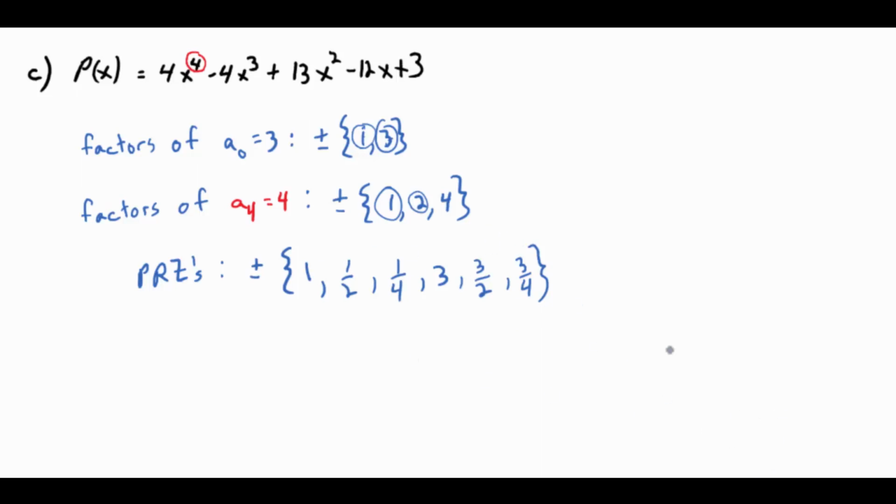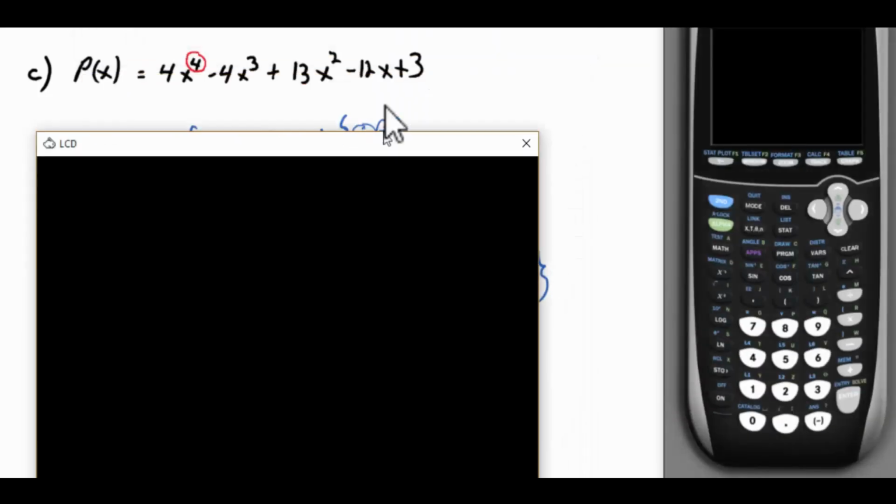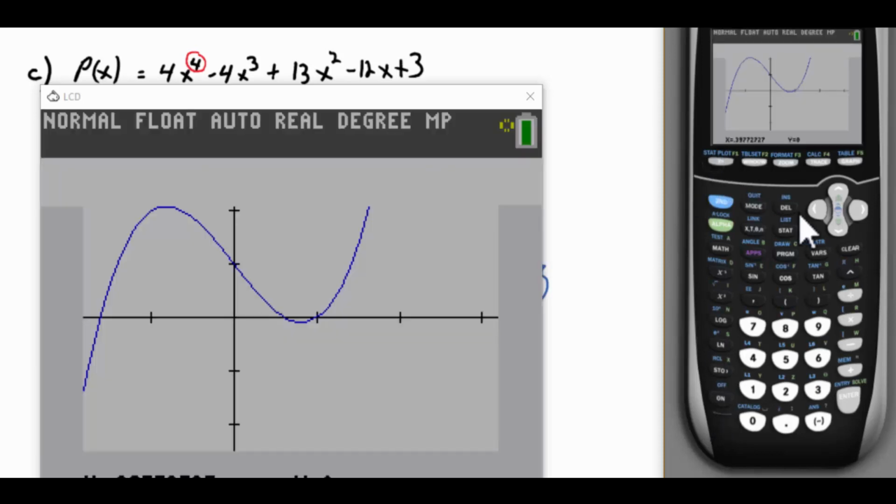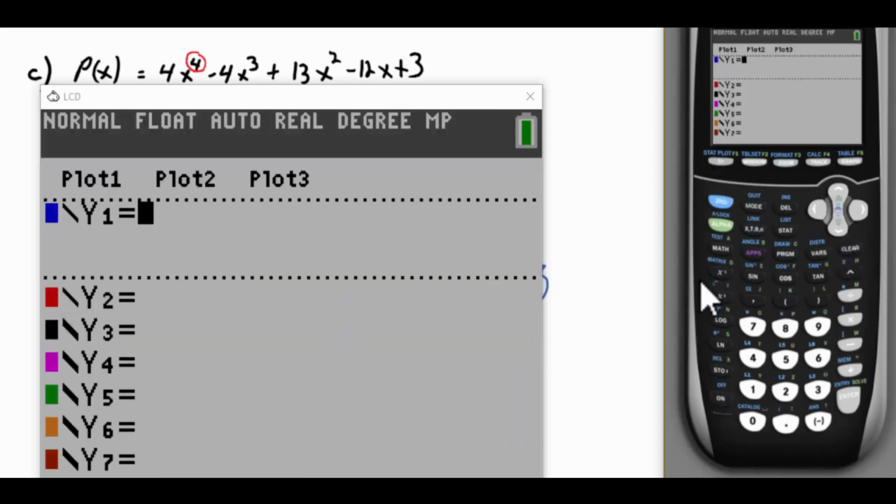Those are our prime suspects. Let's narrow down the list of prime suspects by graphing this thing. Okay, so 4x to the 4th minus 4x cubed.